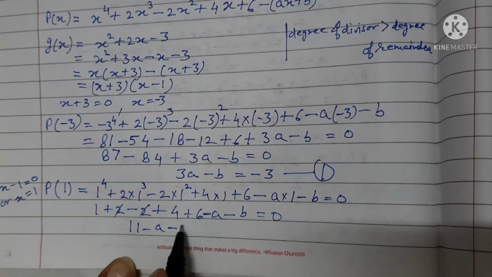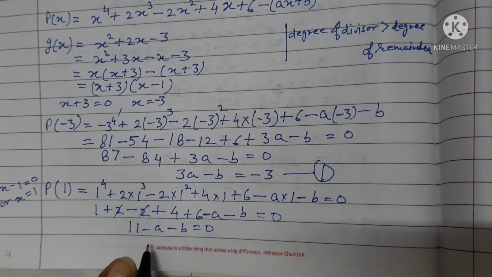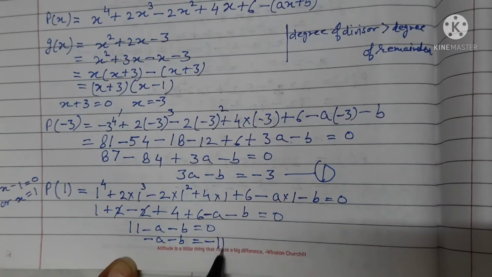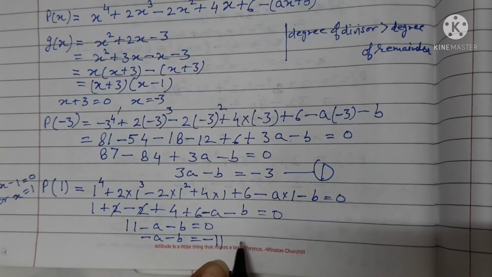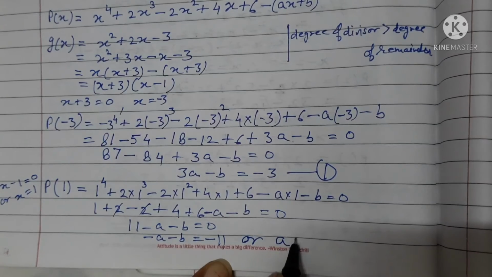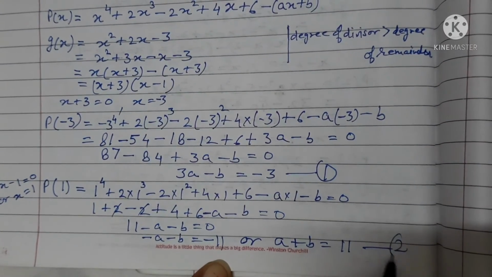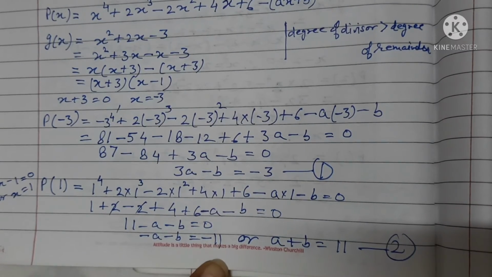Minus a minus b is equal to minus 11, and cut minus, or we can say take common then cut. So you will get the equation a plus b is equal to 11. This is equation second.